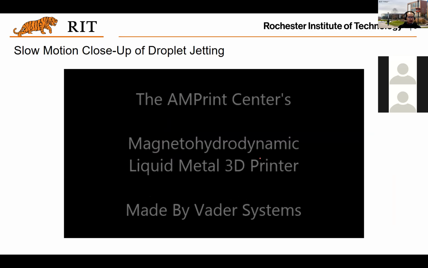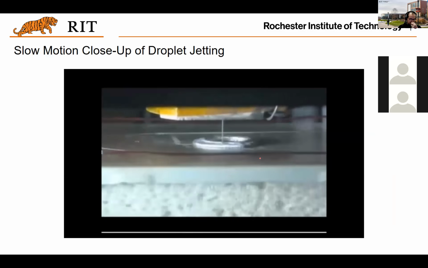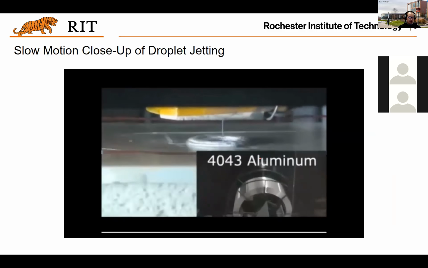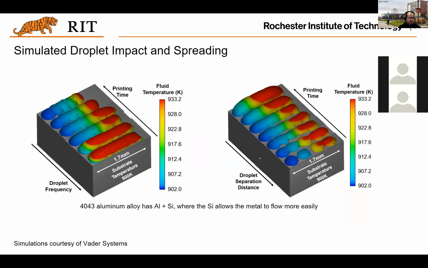So you can see some of the videos when the material is jetted, and some of the effect for the frequency and separation distance for the droplet, and how this will affect the printed trace.